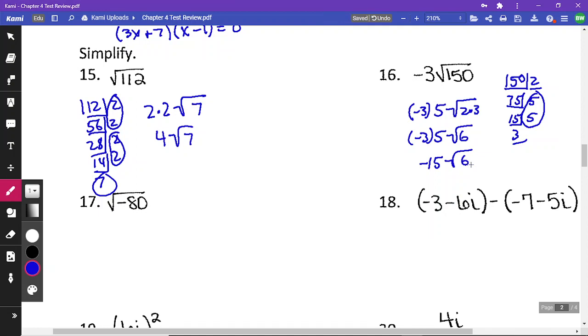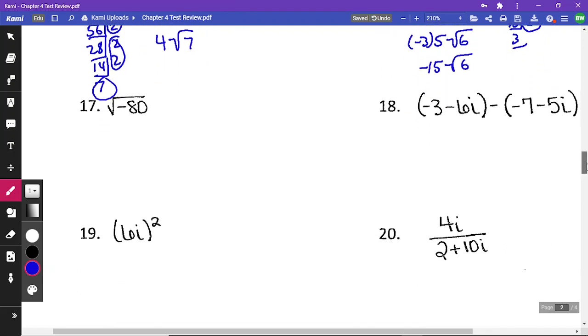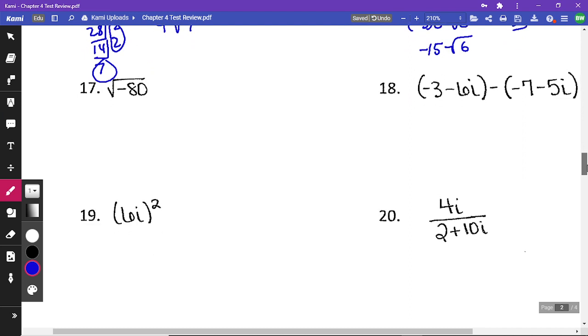Okay, next one has this negative. So this is where you're going to have an i. If there's a negative inside the radical, and I will write it down this time, you don't necessarily always have to write this, but you're splitting that radical up into the square root of negative 1 times the square root of 80. And now the square root of negative 1 is i.